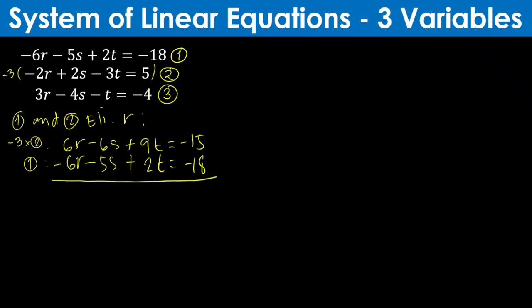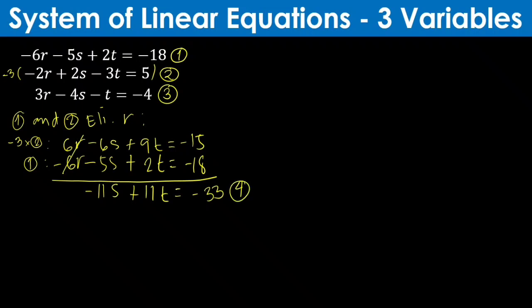Then we add these two equations together. Our r is eliminated, and this is equal to negative 11s plus 11t equals negative 33. Okay, so we'll let this as our equation number 4.